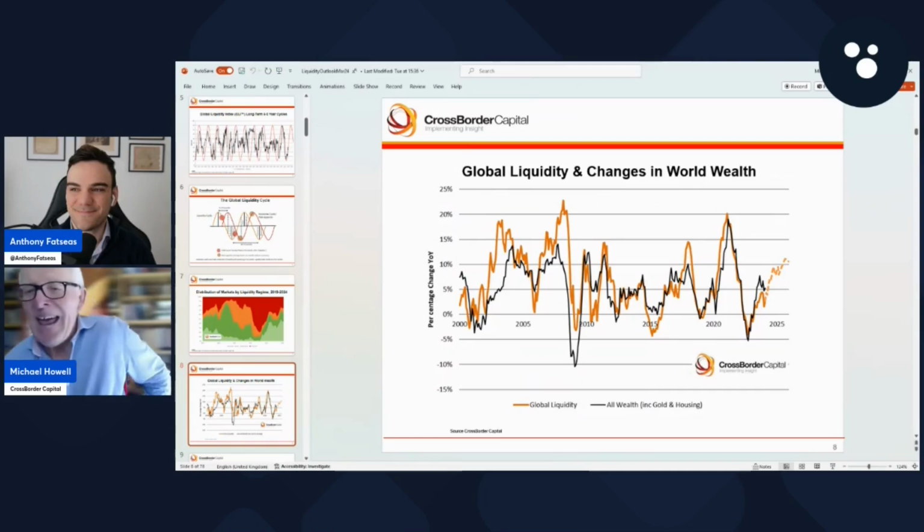To give that evidence in another way, this time series is showing movements in global liquidity in orange, and the black line is the value of all wealth portfolios. In other words, the return from investing in assets globally, and that includes gold, it includes residential real estate, it includes equity markets, bond markets, liquid asset returns, everything.